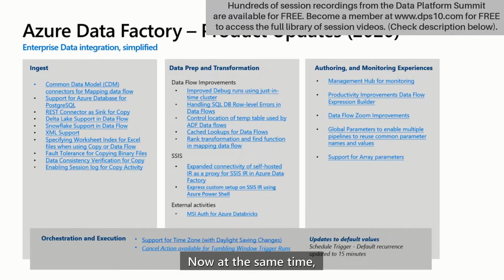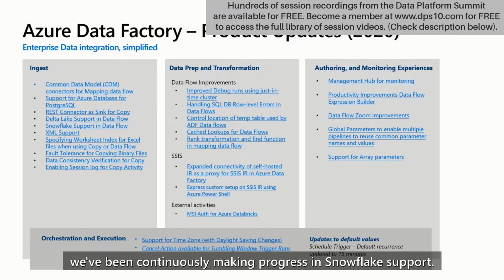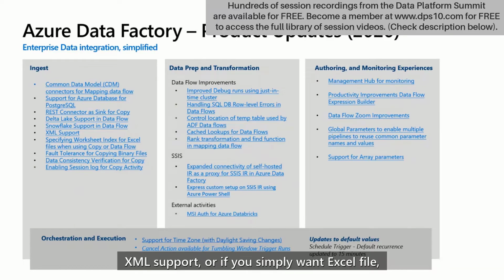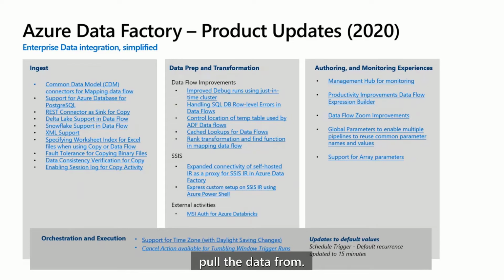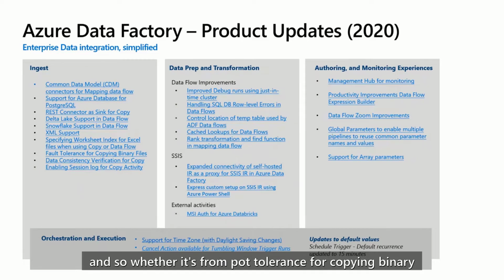Now, at the same time, we've been continuously making progress in Snowflake support, XML support, or if you simply work with Excel files, being able to just specify which worksheet you want to pull the data from. Now, we get a lot of asks on building more resiliency into the data ingestion capabilities.